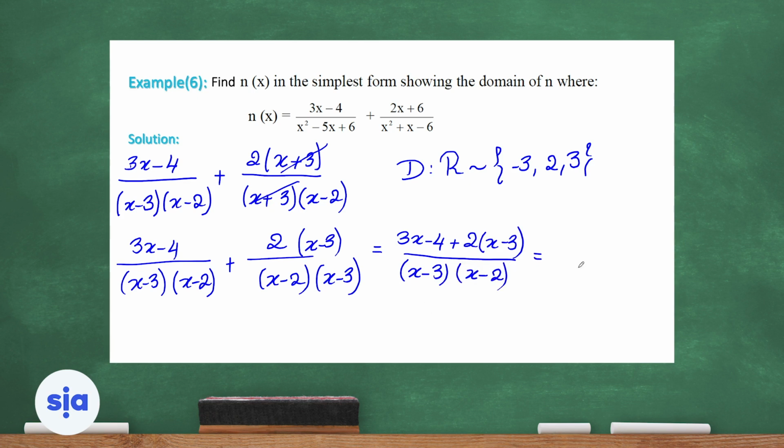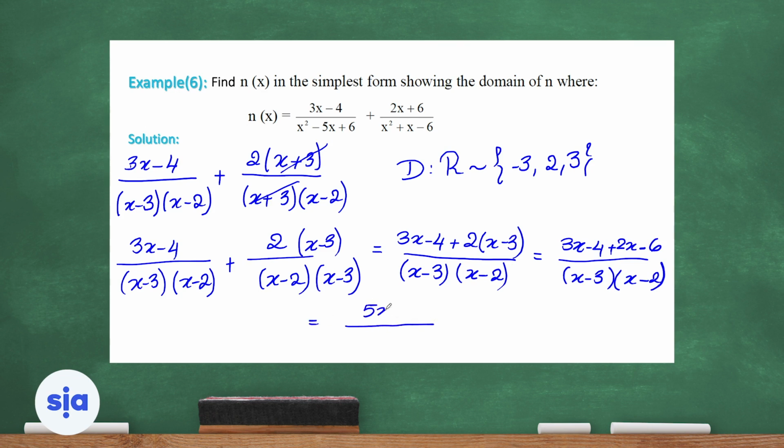To simplify it more, it's 3x minus 4 plus 2x minus 6 over x minus 3 times x minus 2.